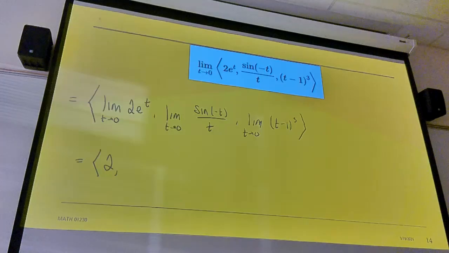So you take the derivative of sine of negative t over the derivative of negative t, which is negative cosine of negative t. Then that'll give you negative 1. That's the correct limit.